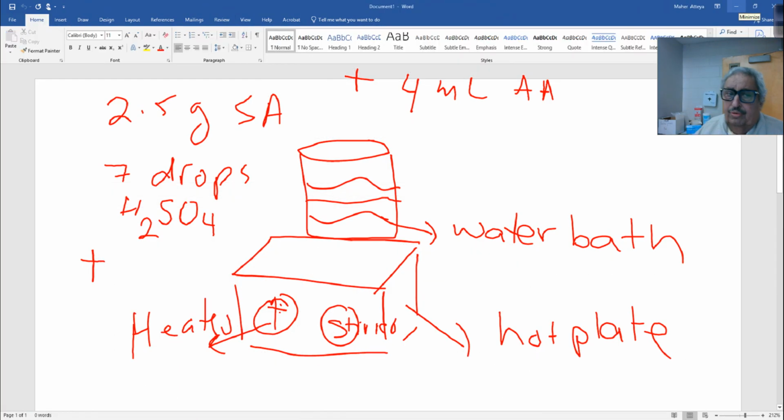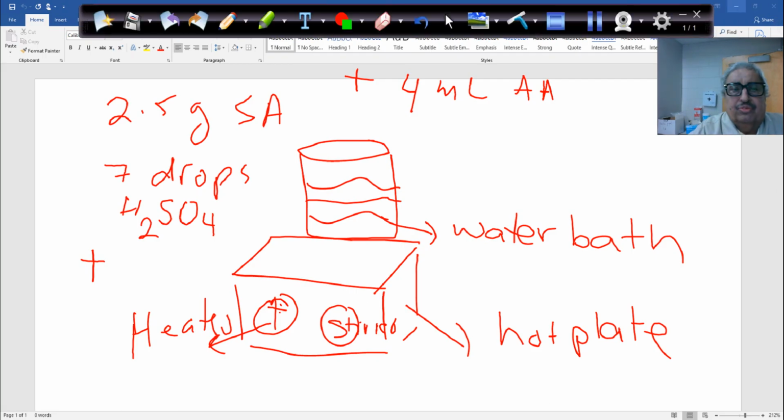So you will have salicylic acid 2.5 grams, 7 drops of H2SO4, and 4 mL of acetic anhydride. Then you'll put all this content inside an Erlenmeyer flask, which you will have here for heating.